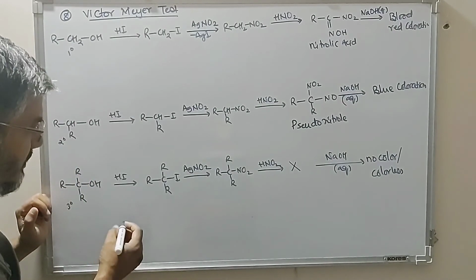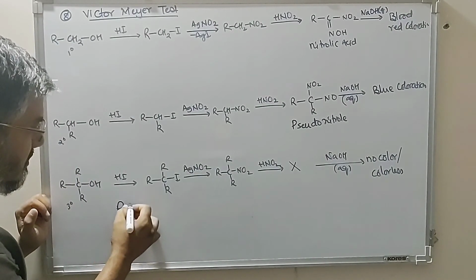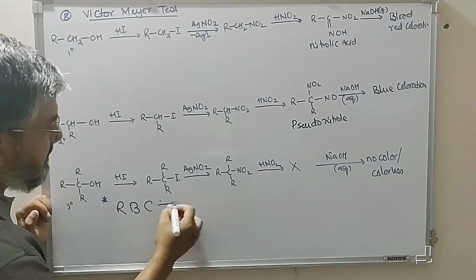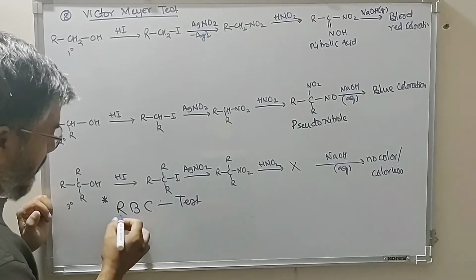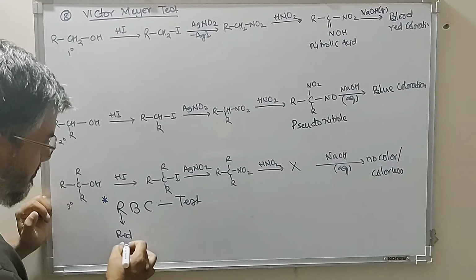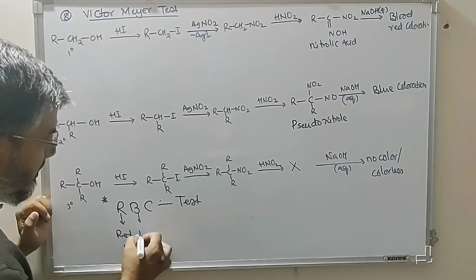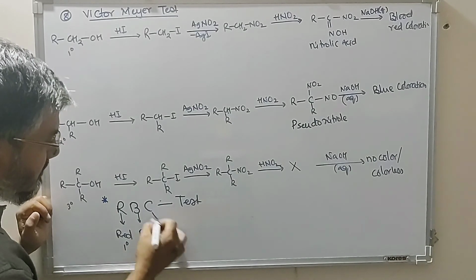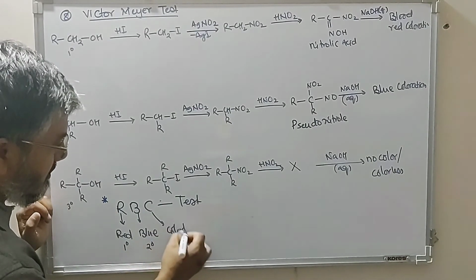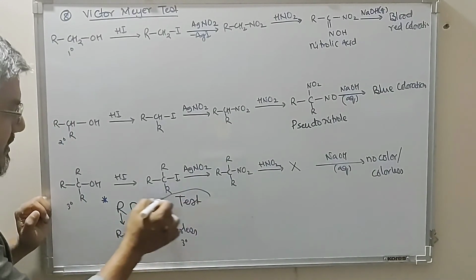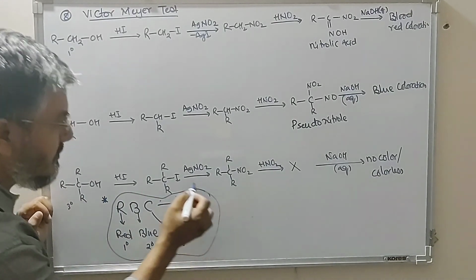So this is simply known as the RPC test. RPC test. So R red, primary, B blue, secondary, C colorless, tertiary. So we can just check out the color at the end of the reaction.